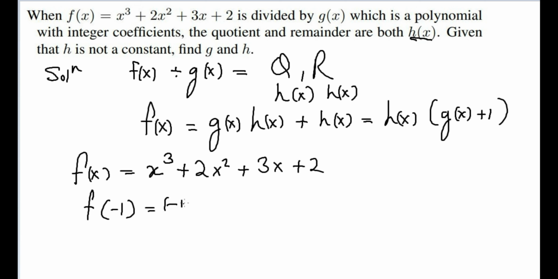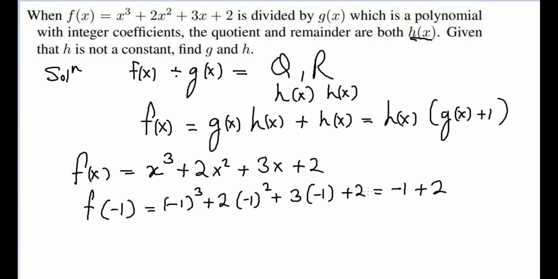Negative 1 whole cube plus 2 times negative 1 square plus 3 times negative 1 plus 2. Negative 1 whole cube is negative 1 because the power is odd. This becomes positive 1 because the power is square, so we get plus 2. Then we get negative 3, then again plus 2.